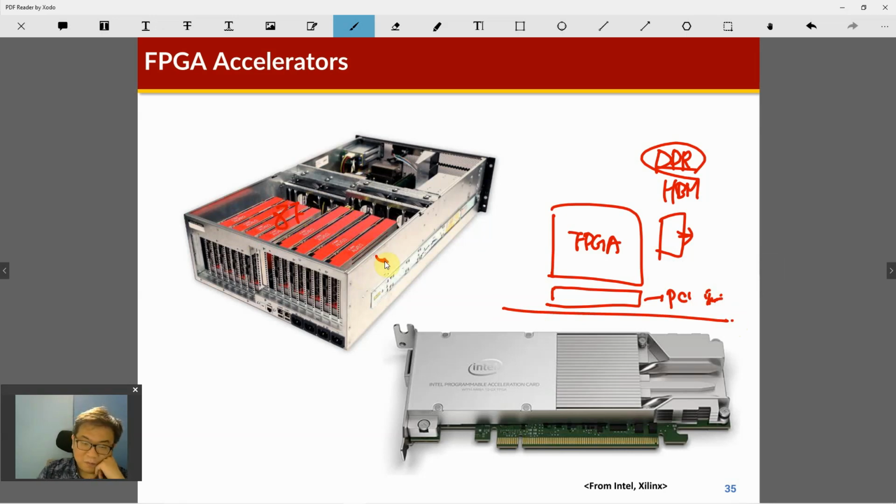So what is the benefit of the FPGA accelerator? It's the programmability, in that we can implement any hardware unit on the FPGA.